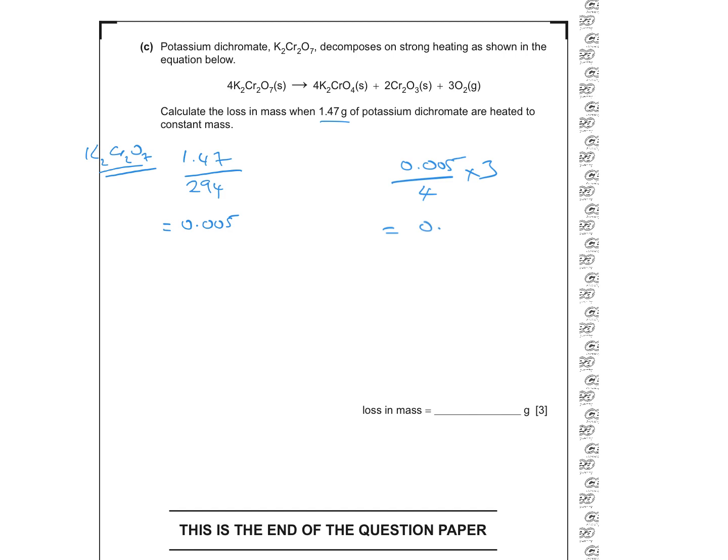And that works out to be 0.00375 moles of O2, of oxygen. So that's the moles lost. Well, this can now be converted to a mass. So it's going to be the number of moles times the RFM of oxygen O2, which is 32. And that's 0.12 grams.